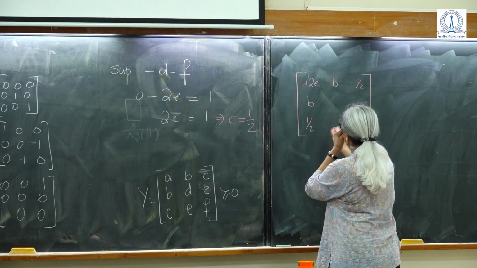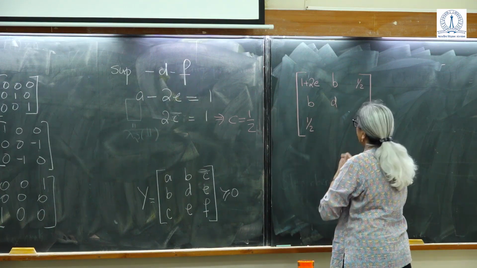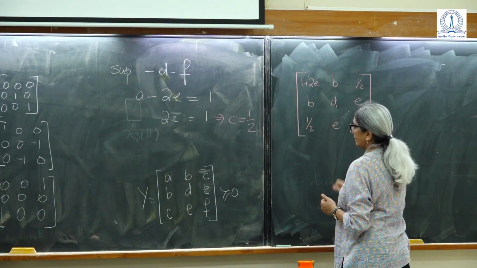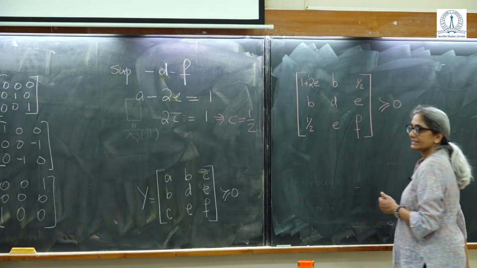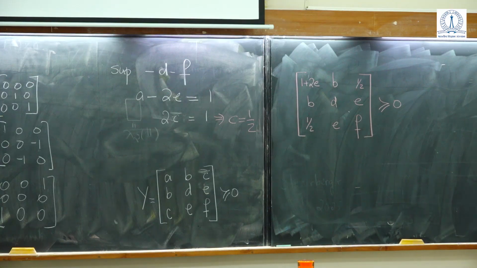And then D, we don't know anything about it. And E is here. And then F is here. So what I need is this has to be PSD. Do you agree? Okay. So we killed off A and we killed off C, but we're still left with E, B, D, F, right? 4 variables.